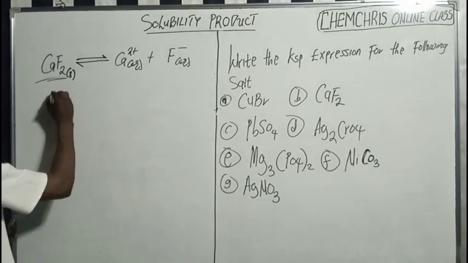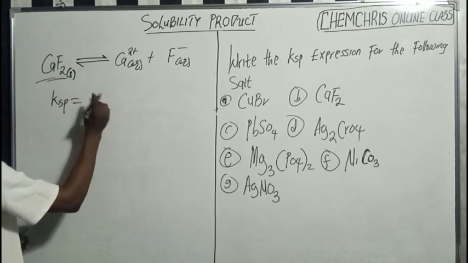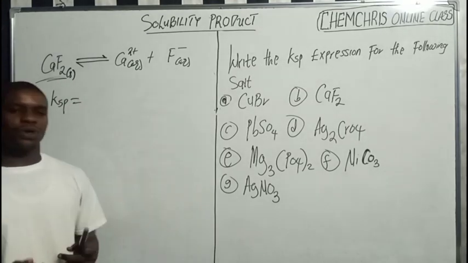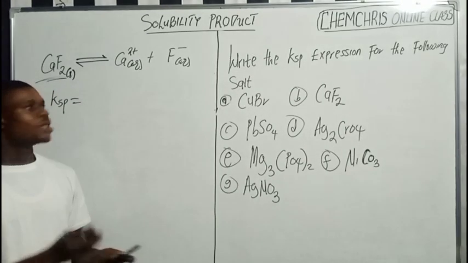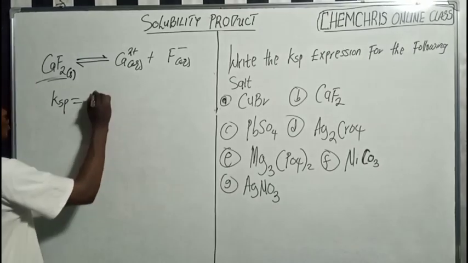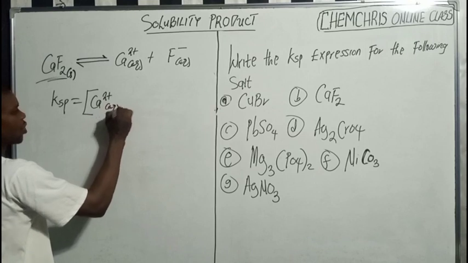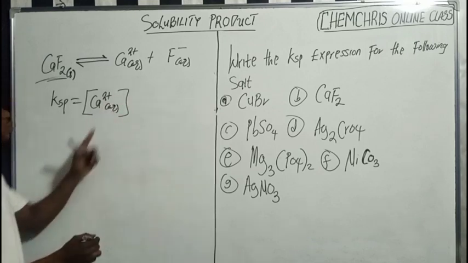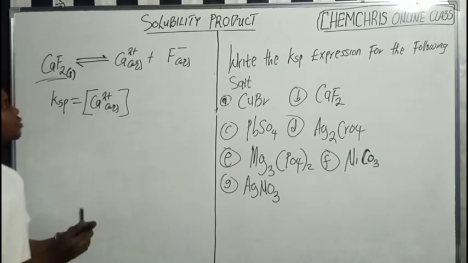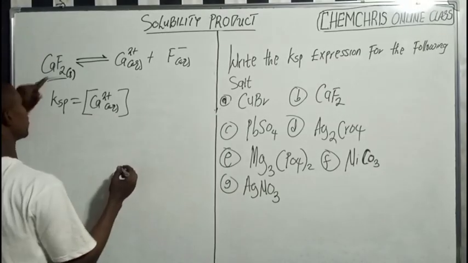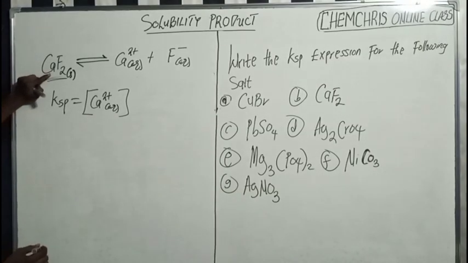So my Ksp is equal to the concentration of the cation raised to its coefficient. It's going to be the concentration of Ca2 plus aqueous raised to the coefficient. My coefficient is 1 here. Sorry, we have not balanced the equation. How many calcium do you have here?